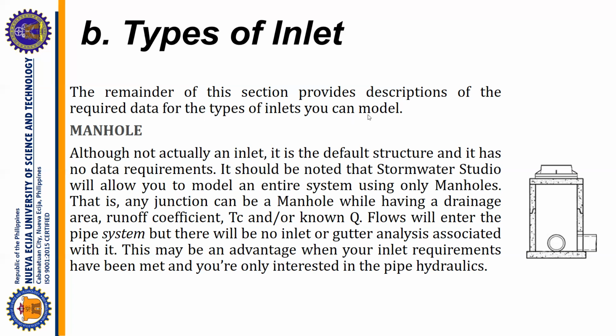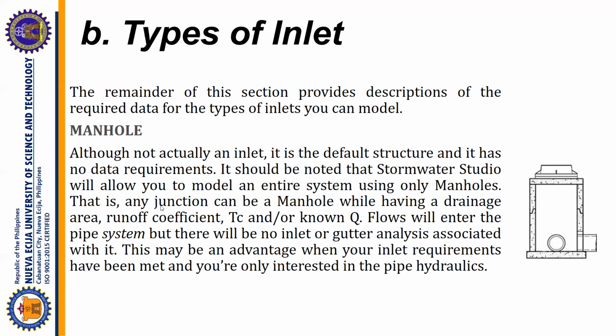The remainder of the section provides descriptions of the required data for the types of inlet you can model. Manhole, although not actually an inlet, is the default structure and it has no data requirements. It should be noted that Stormwater Studio will allow you to model an entire system using only manholes.